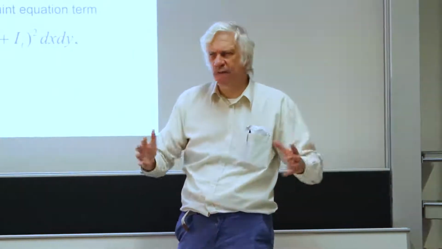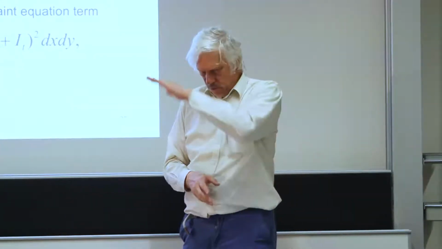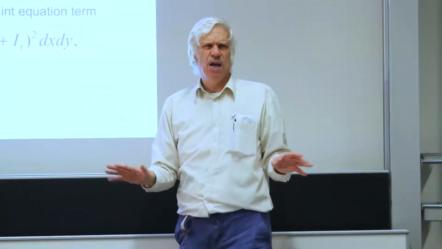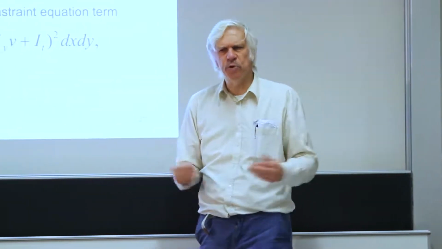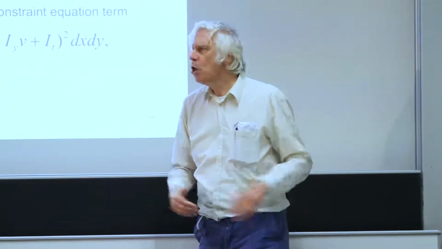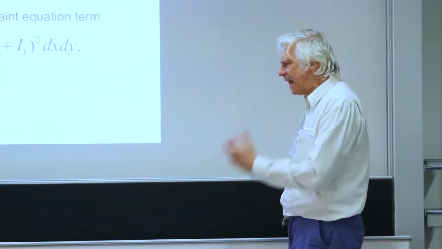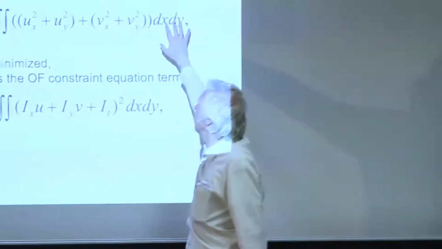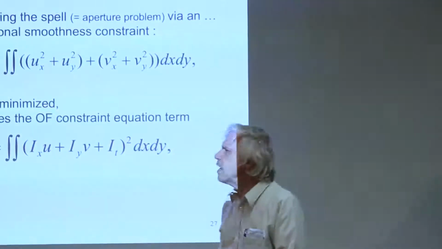We're using context. Remember that blob, where you saw the two components of motion, where you could see a bit further away, so that not only first derivatives, but also higher order derivatives could be estimated. Well, that gave away the real motion. Same kind of function from the smoothness constraint over here.